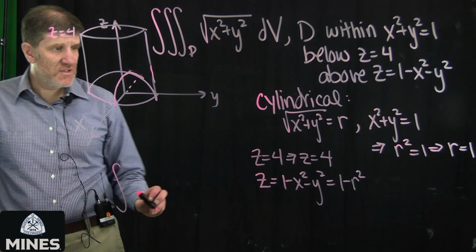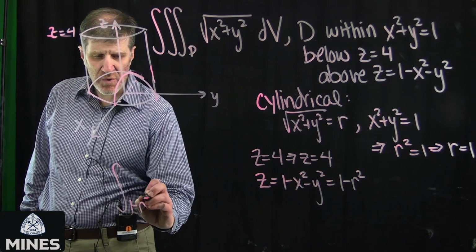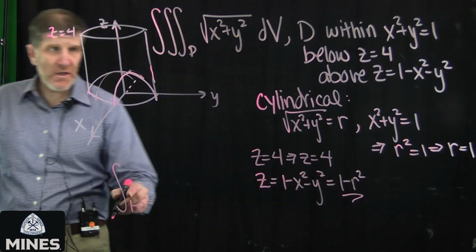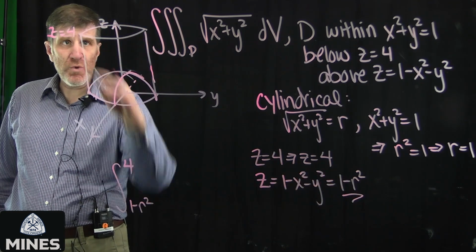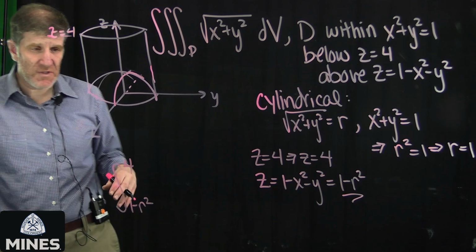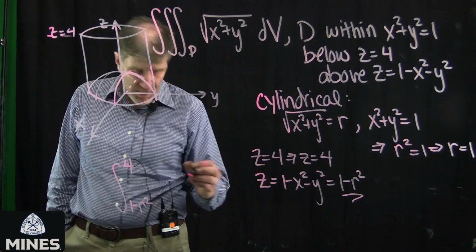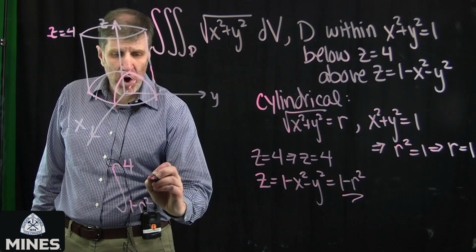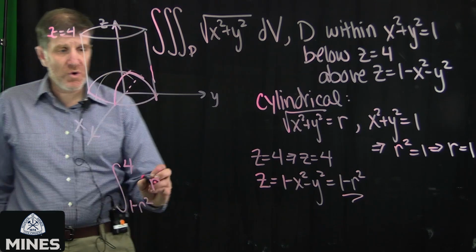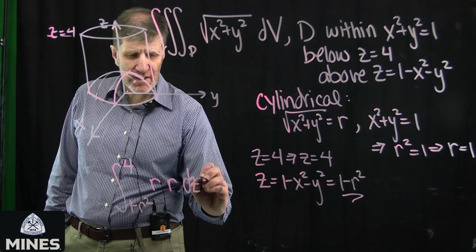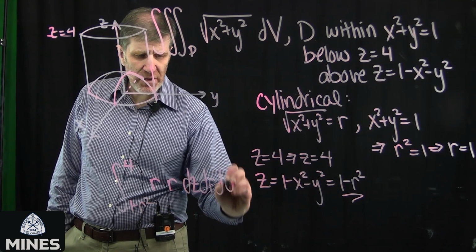In z, we have z going from this paraboloid, 1 minus r squared, up to z equals 4, this plane at the top that's cutting off the cylinder. The thing we're integrating is r. Since we're going in cylindrical coordinates, we have an extra r. We have dz, dr, d theta.